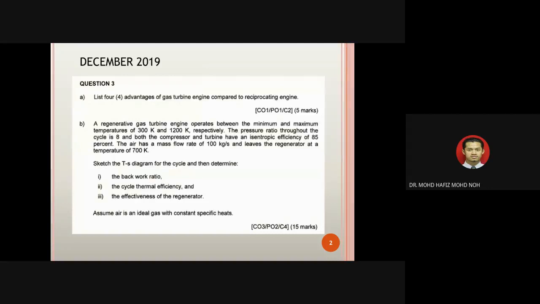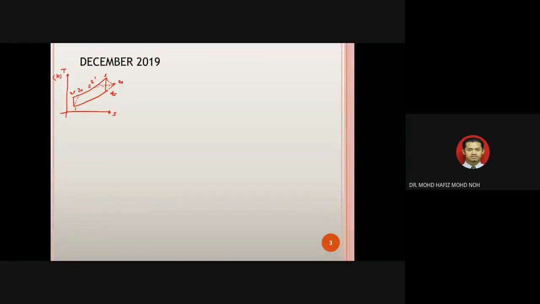In this question, they give you the value of the minimum and maximum temperature. T1 is 300 Kelvin, and the value of T3, the maximum, is 1200 Kelvin.